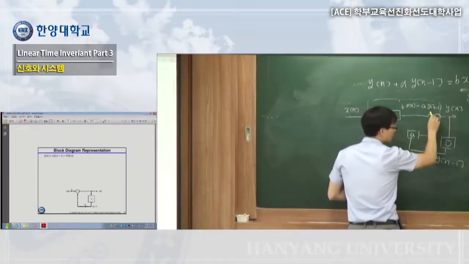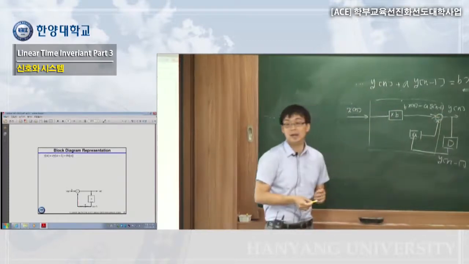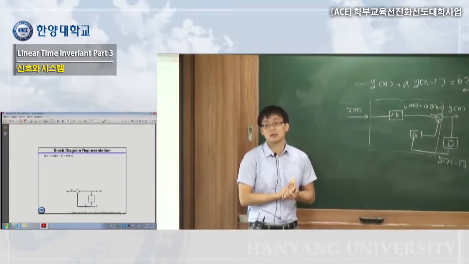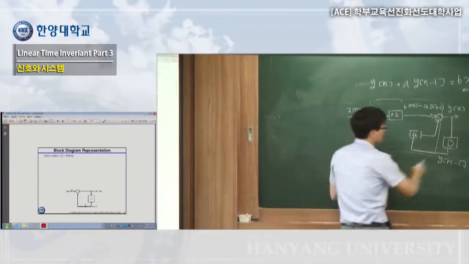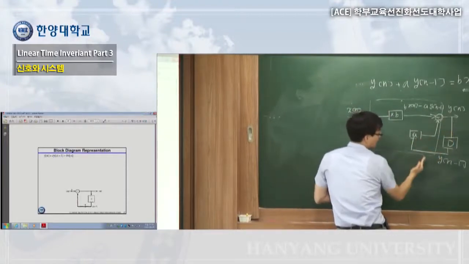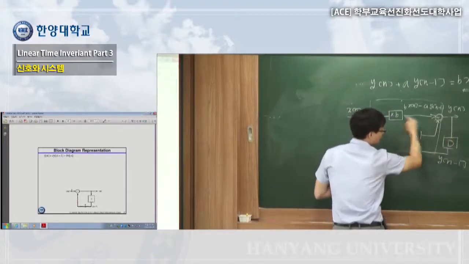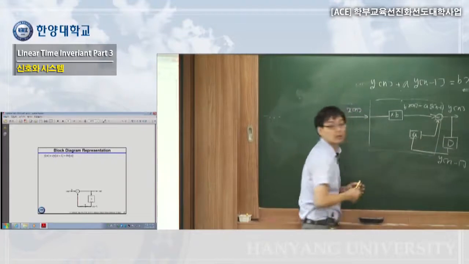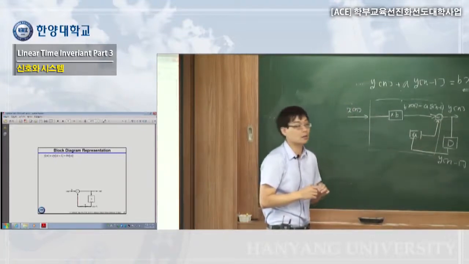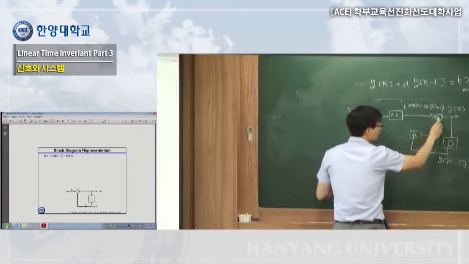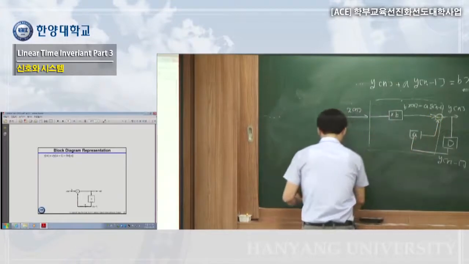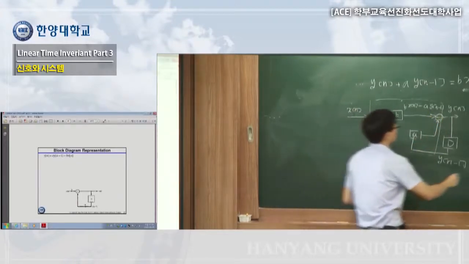We try to erase this minus. To erase this minus, how do we do it? Minus is what? When this one goes this way, coming to the output, then this one will be the minus. I think it's better to draw again in here.